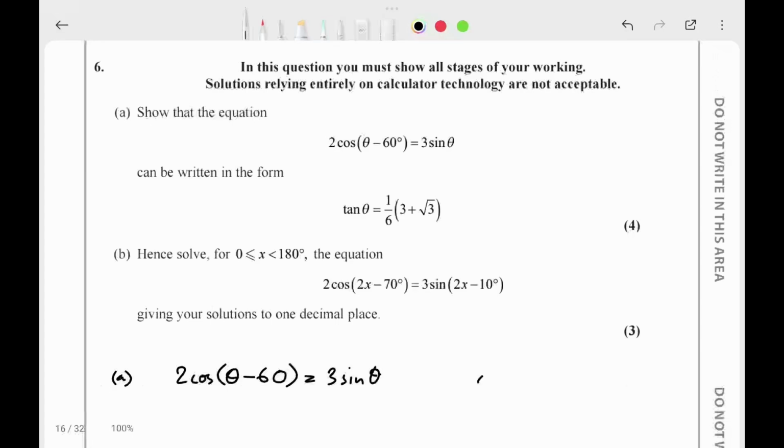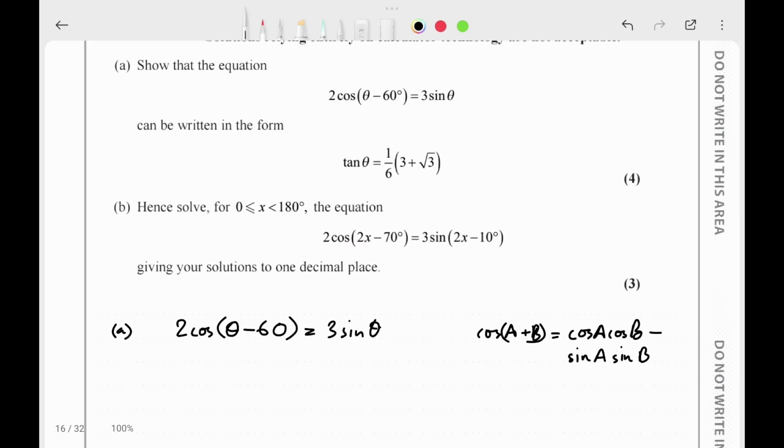We know that cos of (A plus B) is equal to cos A cos B minus sin A sin B. So let's use that.